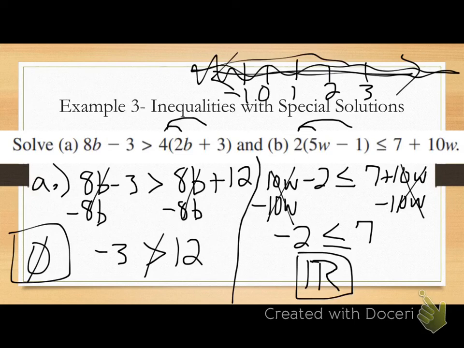Because every single number on a number line is a solution to this inequality. So that's how you graph it. You just shade your whole graph that they give you, or you'd have to draw your own graph. Like I said, put any numbers you want on it, because all real numbers are solutions here. Okay? No solution, leave your graph blank.